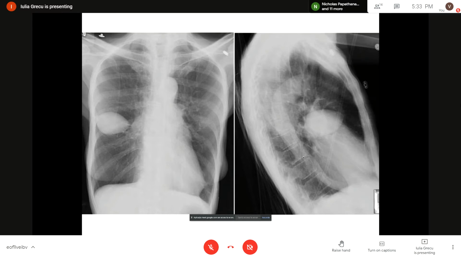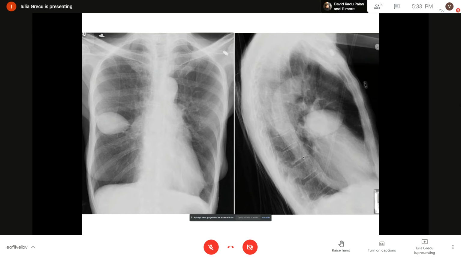A special type of pleural effusion are the loculated pleural effusions. Can someone tell me where this pleural effusion is located and loculated? Using these two. In the middle lobe of the right lung?